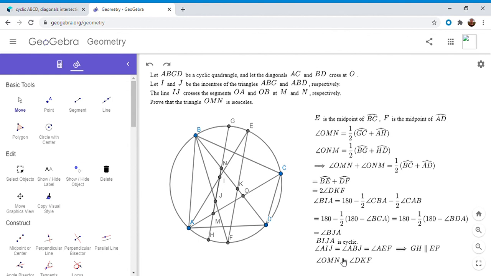But this actually, I got lucky, this happens to be true also, because if ONM is DKF, then since the sum of the two is twice DKF, each of the individual ones has to equal DKF. And so if OMN and ONM are both equal to DKF, then they have to be equal to each other, and that solves the problem, because then OMN has to be isosceles.